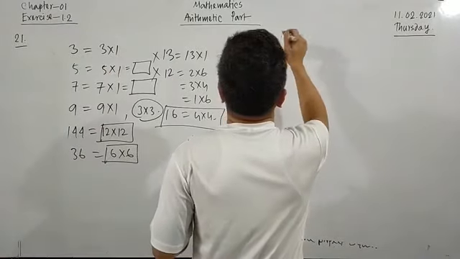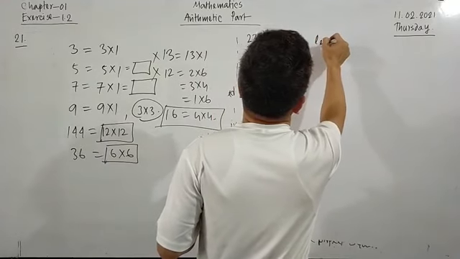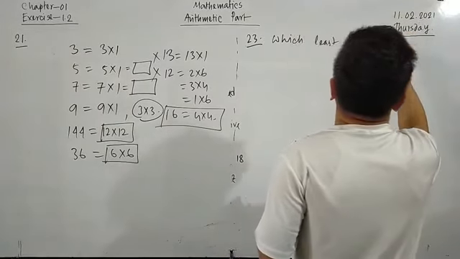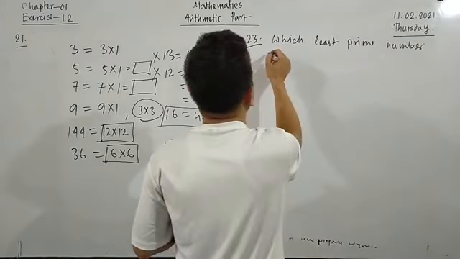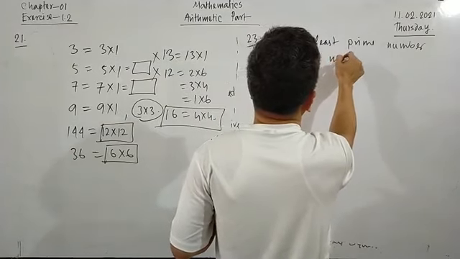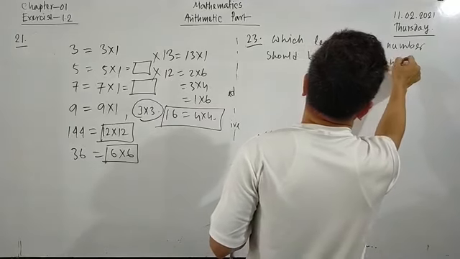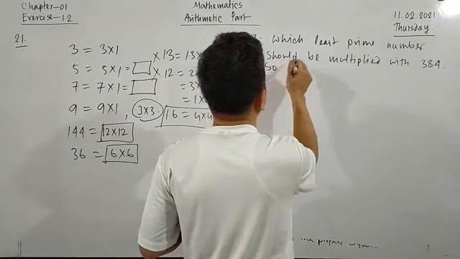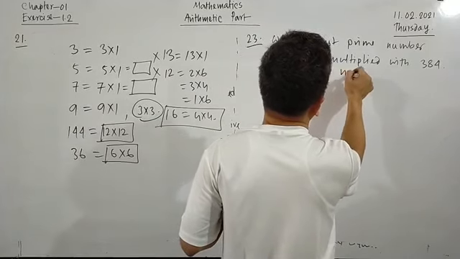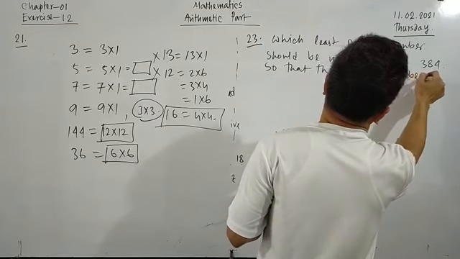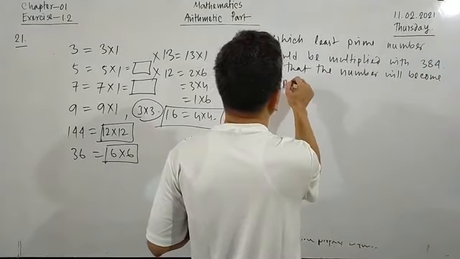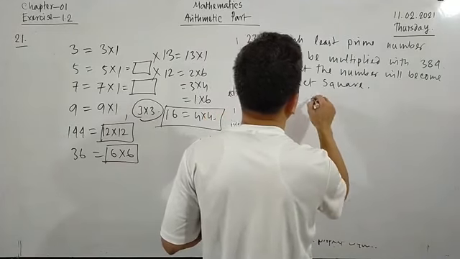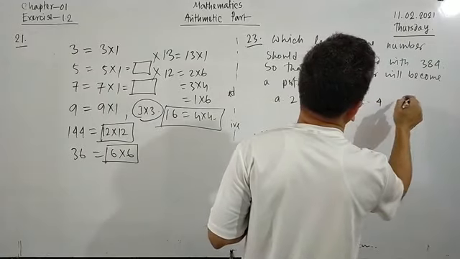Which least prime number should be multiplied with 384 so that the number will become a perfect square? Option A is 2, B is 3, C is 4, D is 5.